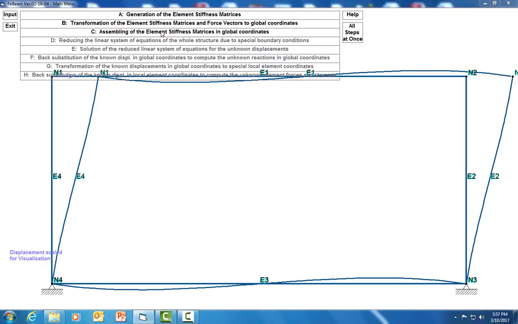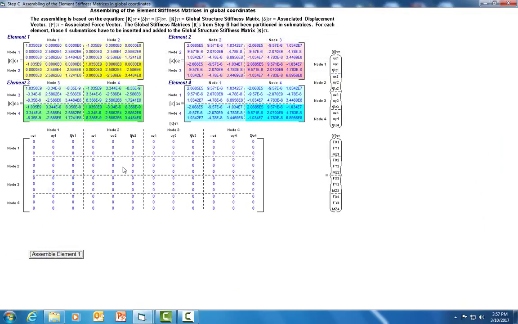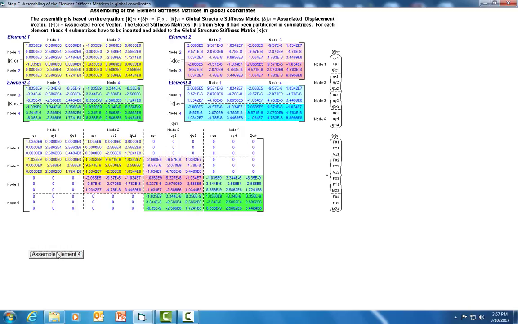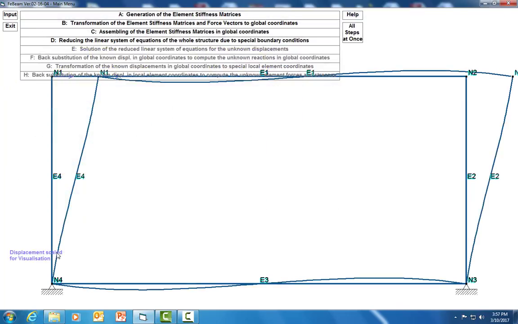Now we have to assemble them. The assembling is this. We have in the global stiffness matrix the 4 stiffness matrices of the beams to assemble, and that's the procedure happening internally. Partitioning, and then it's all explained in detail in the volume 1.